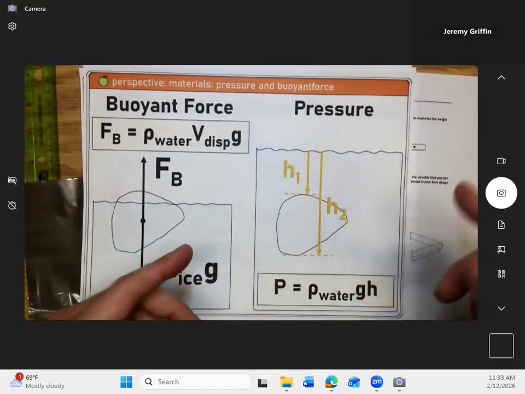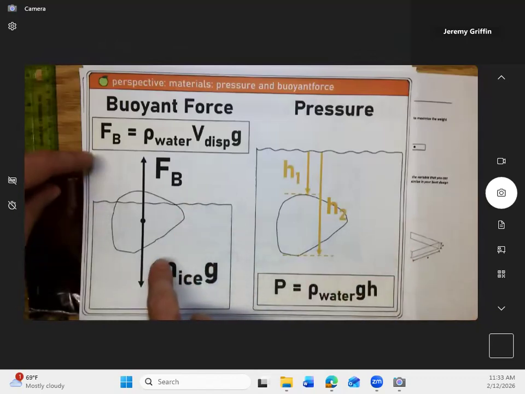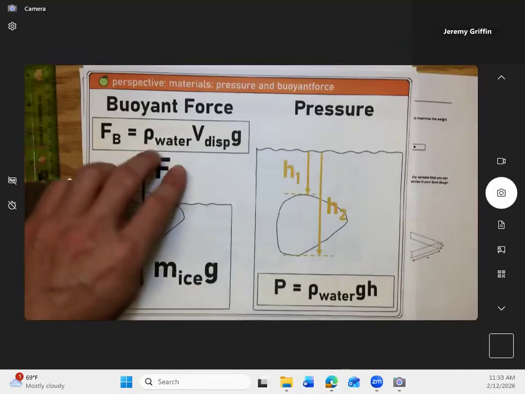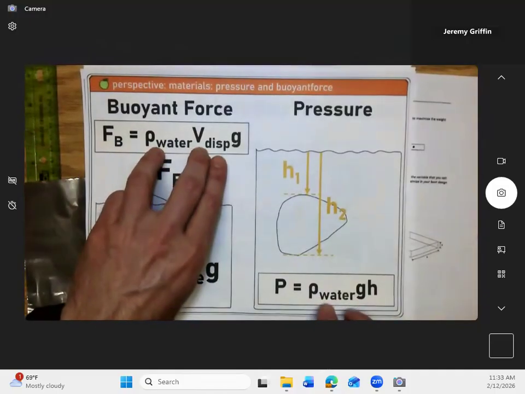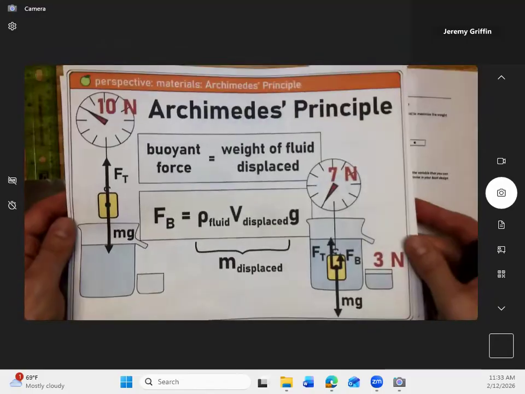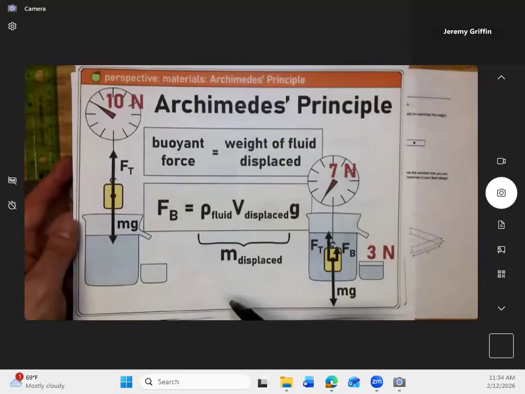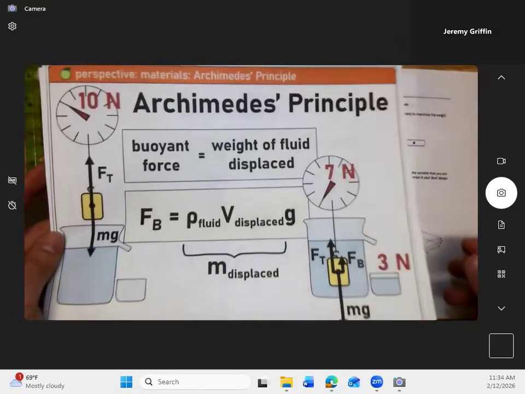Bottom of the object. That tells you something about the direction of the force that results, which is going to be upward, and the magnitude of the buoyant force ends up being rho V g. So this V is the displaced volume. That's Archimedes' principle. It says that the magnitude of the buoyant force is equal to the weight of the displaced fluid. Okay, so you remember all that?